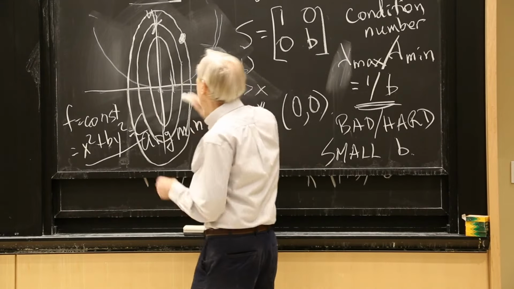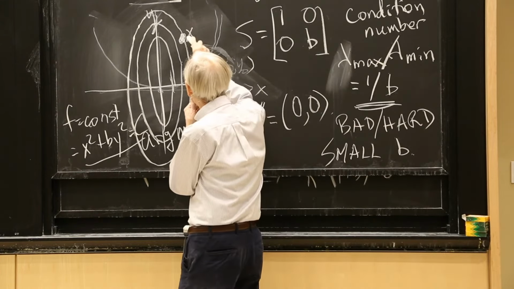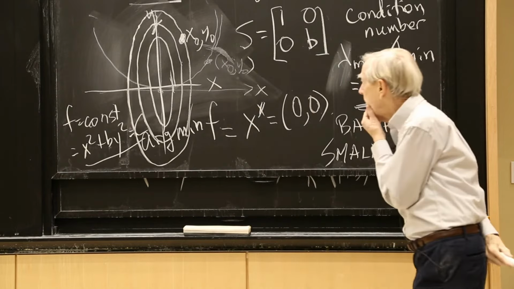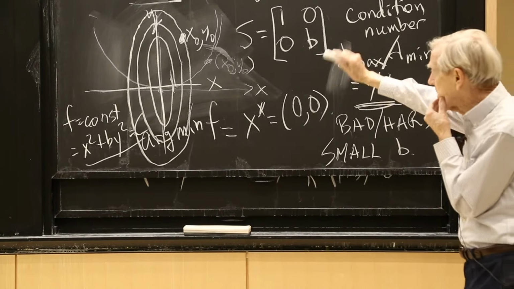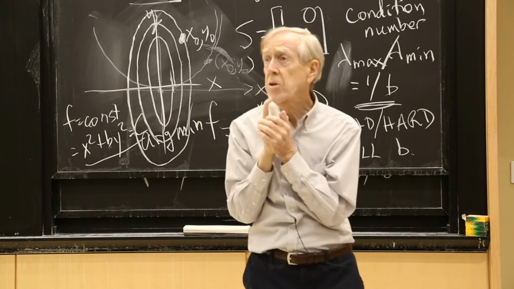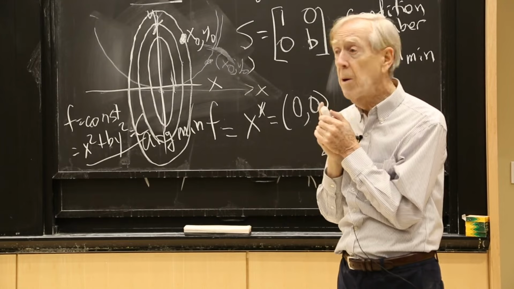So what happens if I take a point there? Oh yeah, I remember what to do. Let's start at that point on that ellipse. Those were the level sets, f equal constant. So what's the first search direction? What direction do I move from x0, y0?